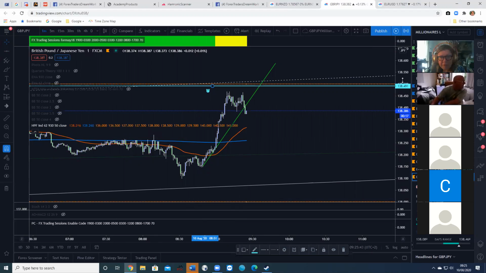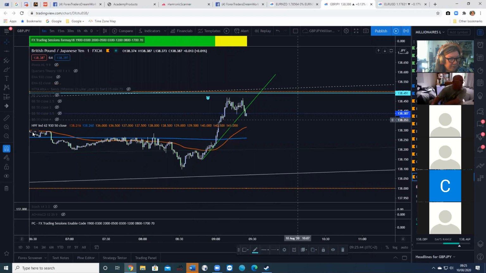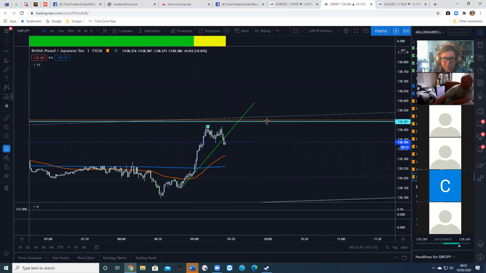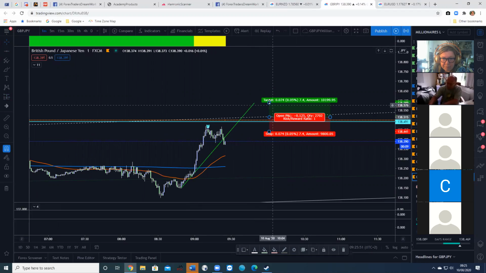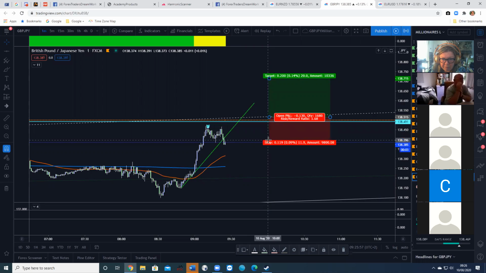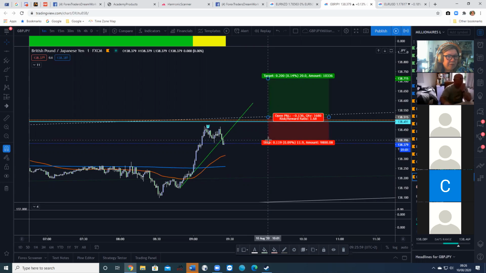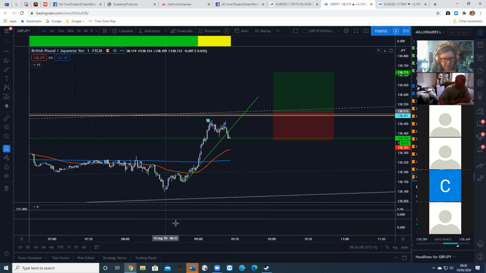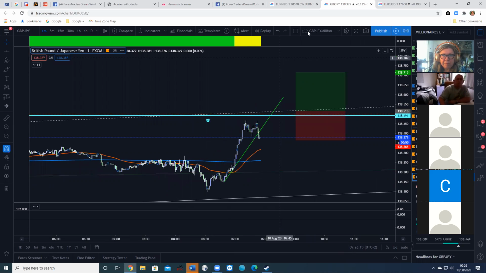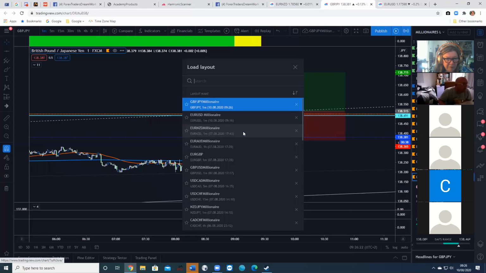So we'll keep an eye on that one and put our slider bar on so we know what we're doing when we come back to it. Great, okay, that's that one. So that's GJ. Euro NZD.